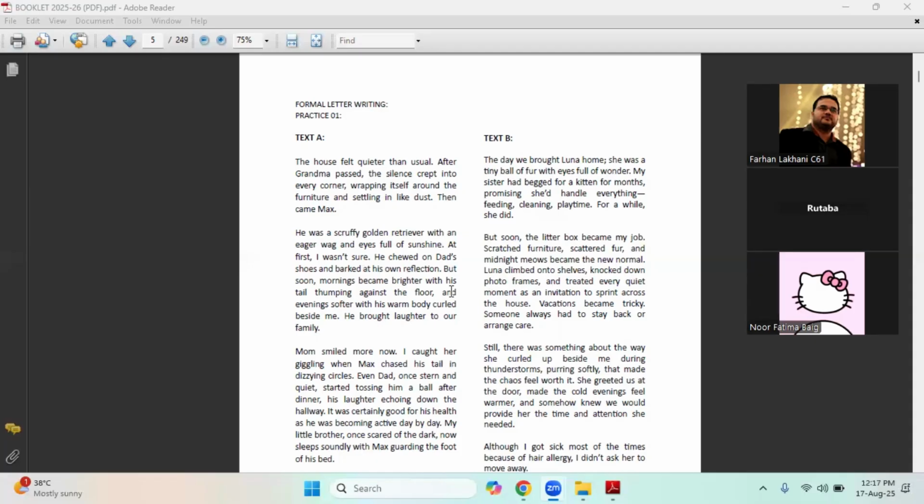Evaluation done. So rule number three: read the texts thoroughly and underline both the evaluations. Now, I am not saying advantages and disadvantages because it is not necessarily advantages and disadvantages. It can be anything.